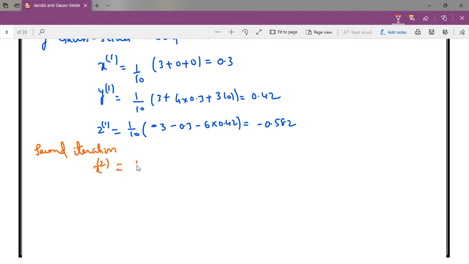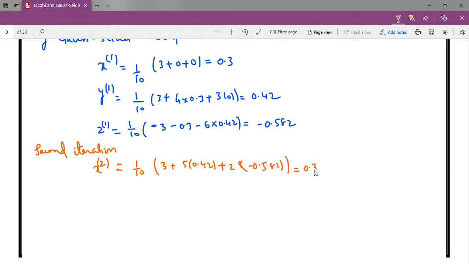So x2 is equal to 1 by 10 into 3 plus 5 into 0.42 plus 2 into minus 0.582, because earlier y0 and z0 were 0 and now they have changed.